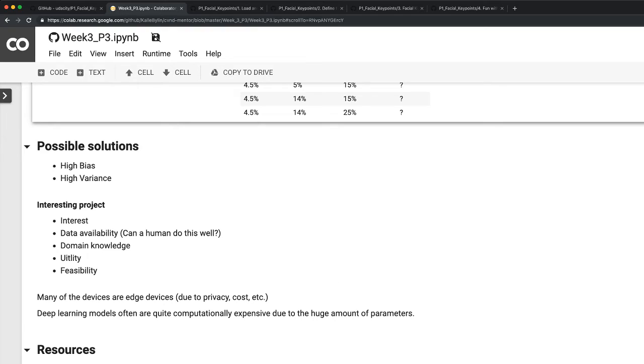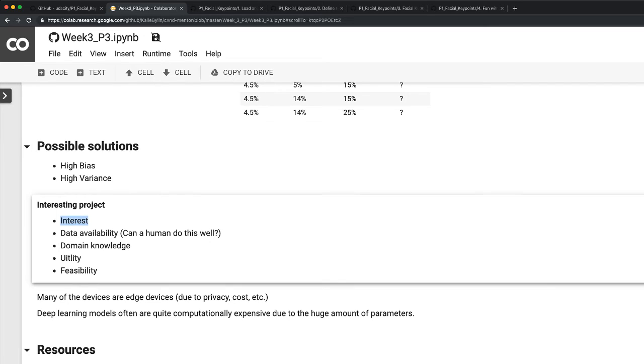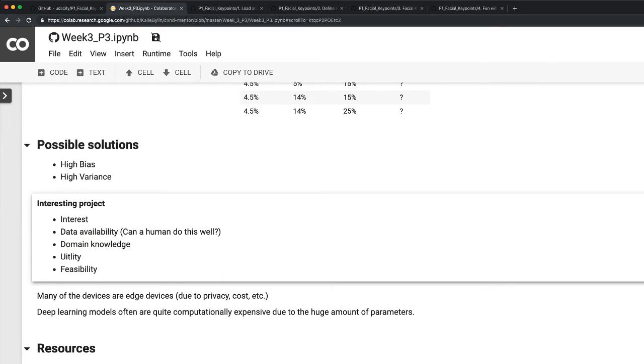Those are possible solutions. And if you're going to work on a project, I recommend that you're at least interested in it, or else it's kind of a headache. It's good if you have domain knowledge, because this is usually where the biggest insights come from.